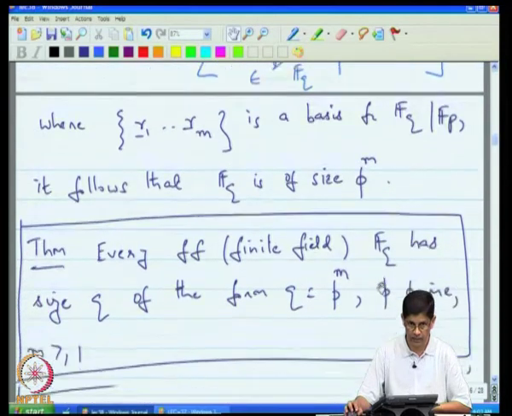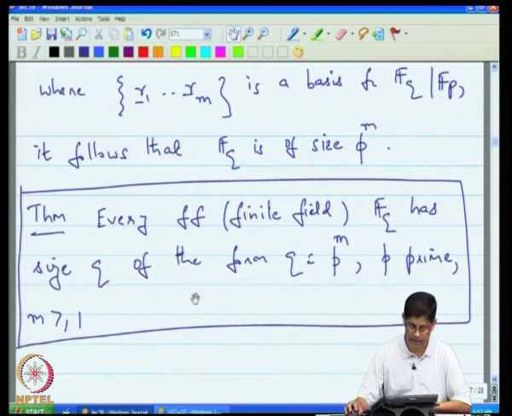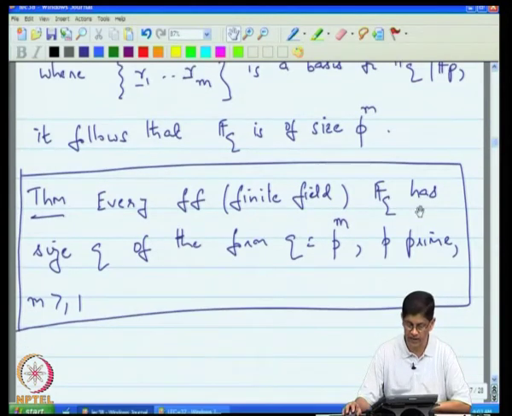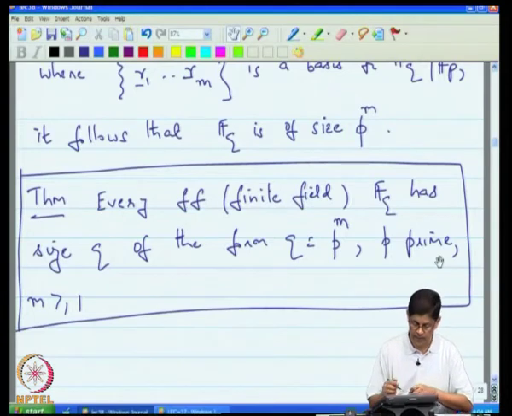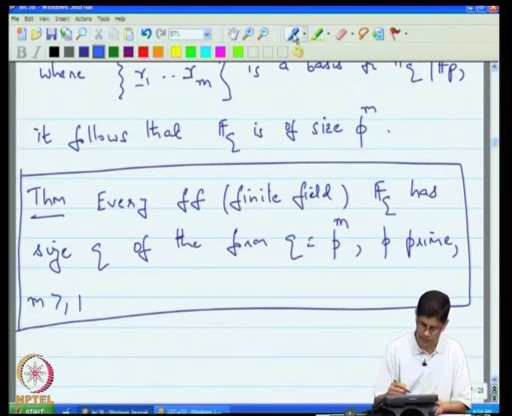All right. So, to summarize, every finite field FQ must have size of the form q equals p to the m for some prime p, with m greater than or equal to 1. And moreover, we can actually say what this prime is.